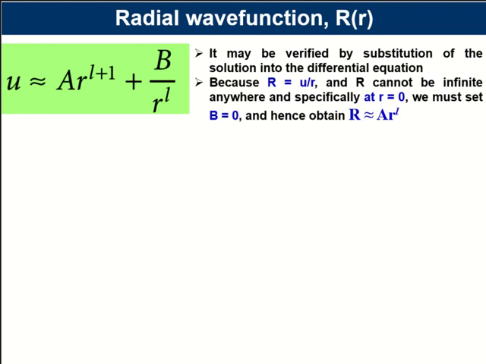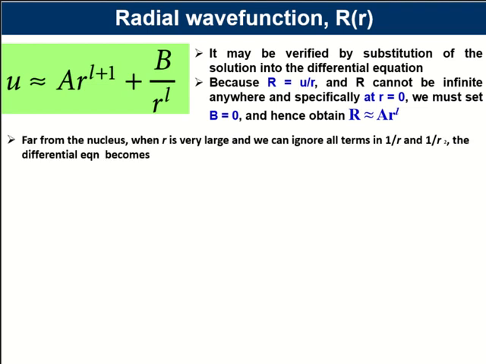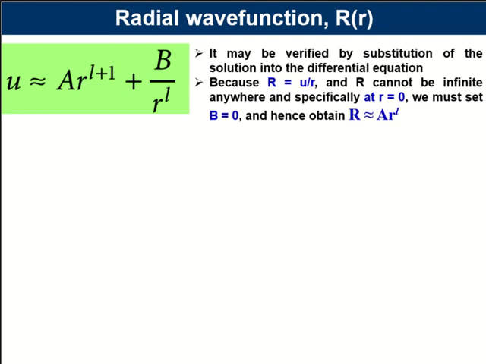So you can have R, the capital R, is the wave function that I told you, the amplitude of the wave, how it varies with respect to the radial distance. Because R cannot be infinite, when you place r is 0, if this term goes to 0, then this other term becomes infinite.